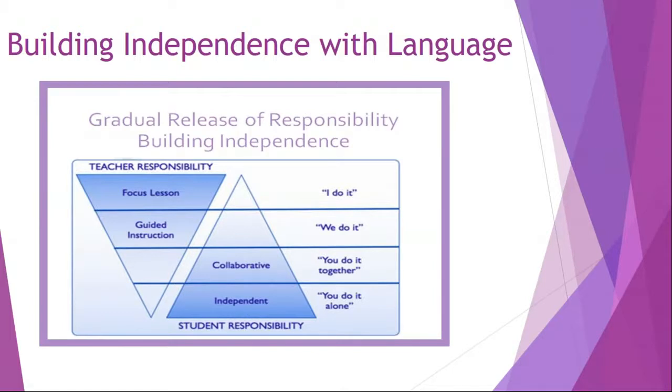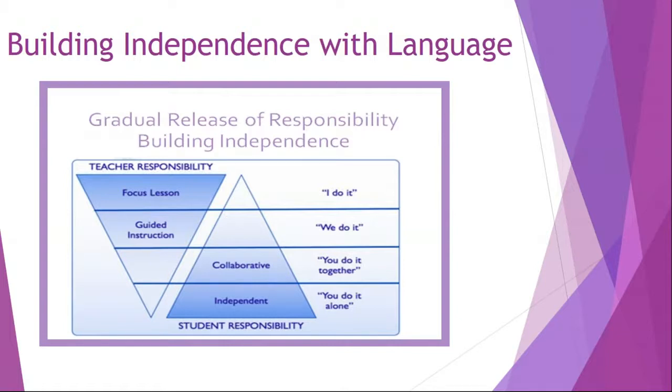And so looking at this gradual release of responsibility model of building independence, we see that teachers have the majority of responsibility at the beginning of lessons, and then over time, that responsibility will shift to teacher and student shared responsibility during guided instruction and a collaborative work time. And finally, students being responsible to be independent with what we're trying to teach them.